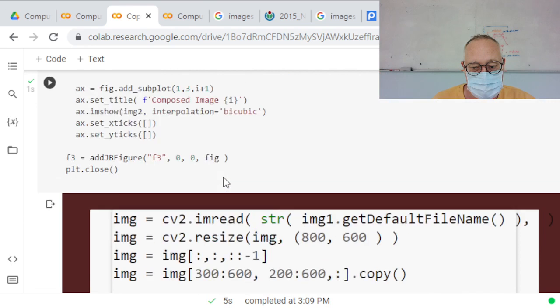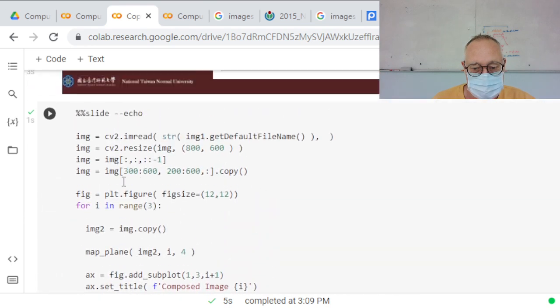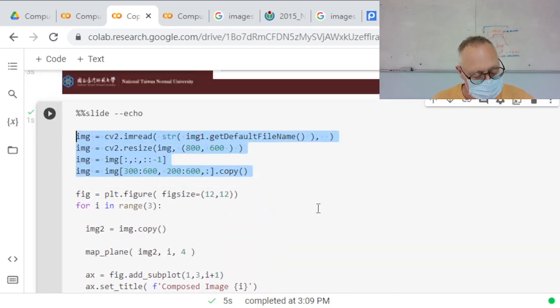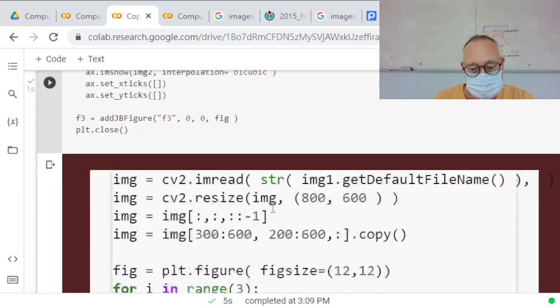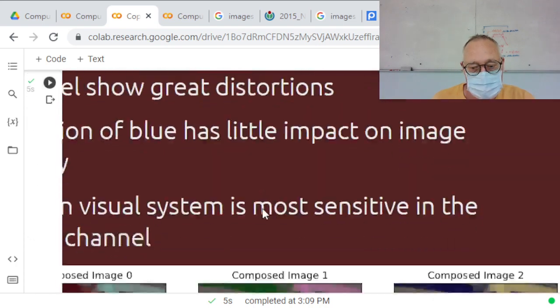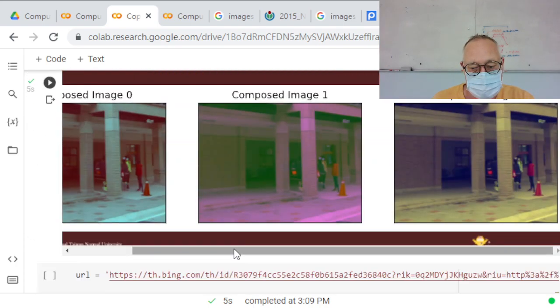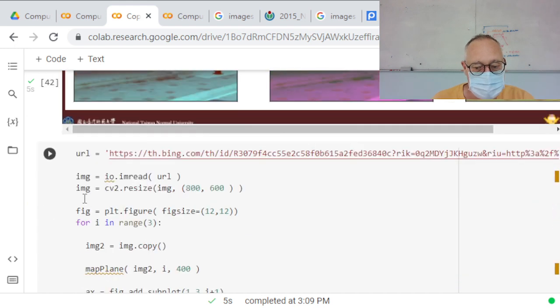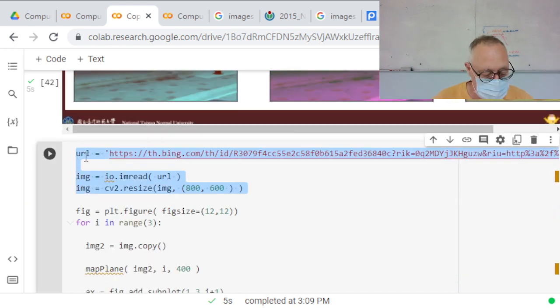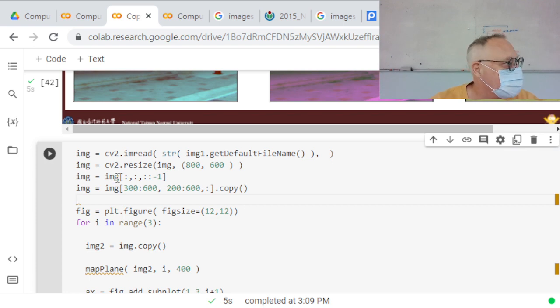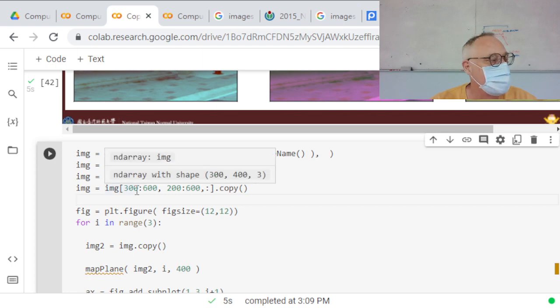So that means that your eyes are much more sensitive to the green channel than any of the other channels. And any distortion in the green channel in particular, and also the red channel, you will notice.